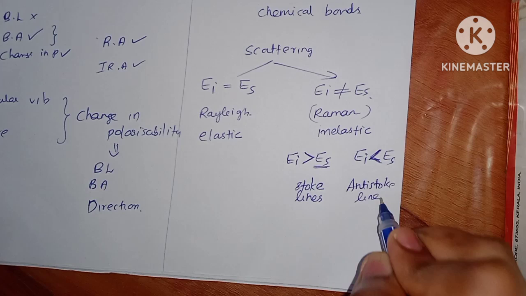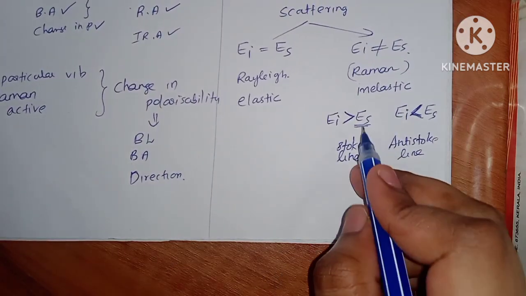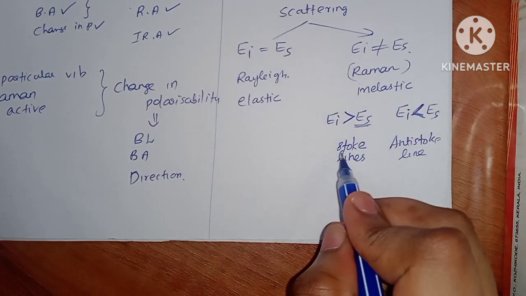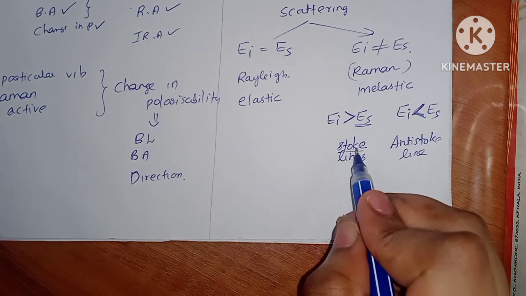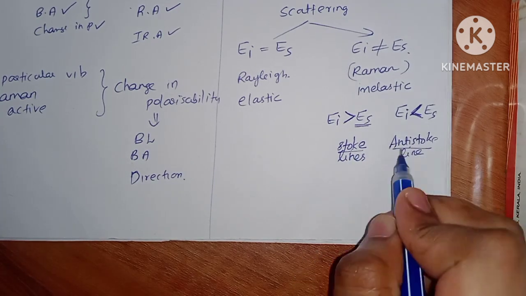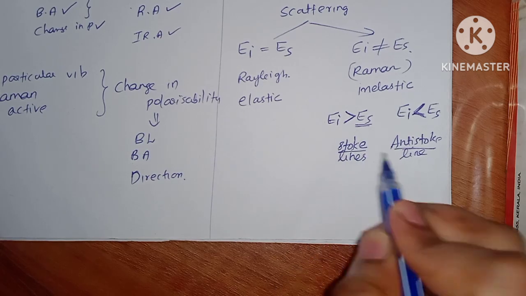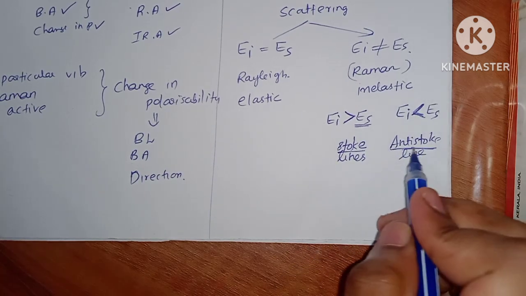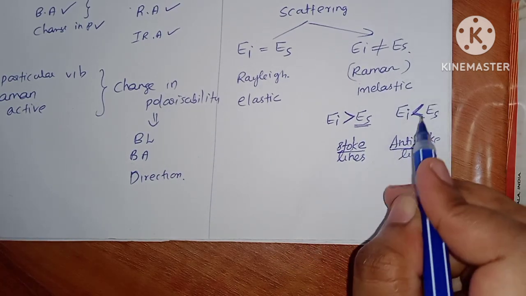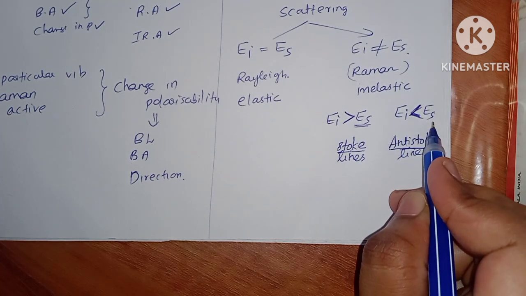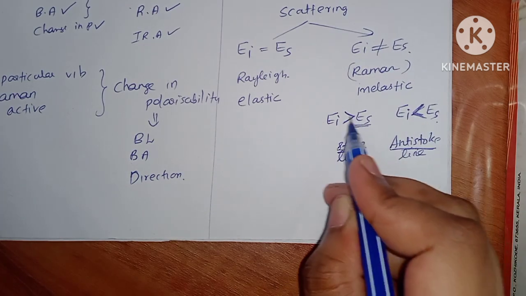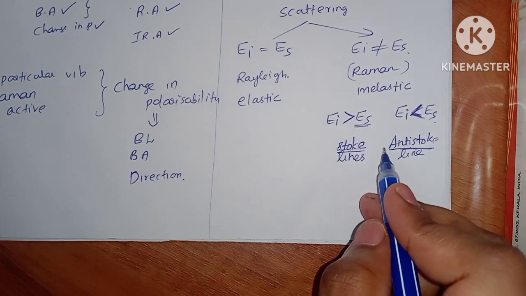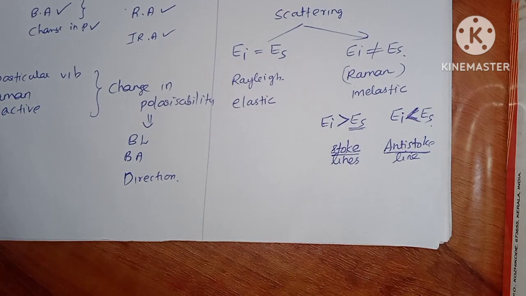This I studied with a technique: Stokes is the smaller word and anti-Stokes is the bigger word. Bigger word means the scattered energy is bigger; smaller word means the energy of scattered radiation is small. This is the way we should remember things.